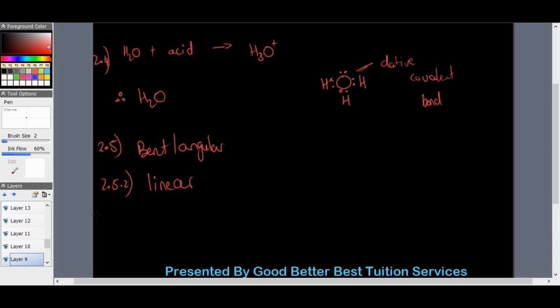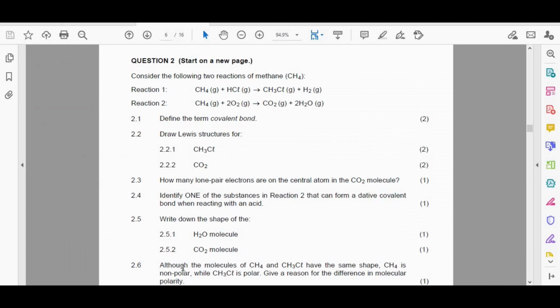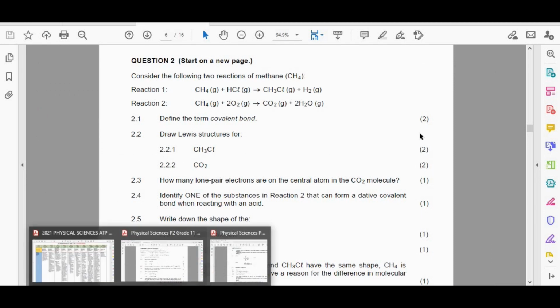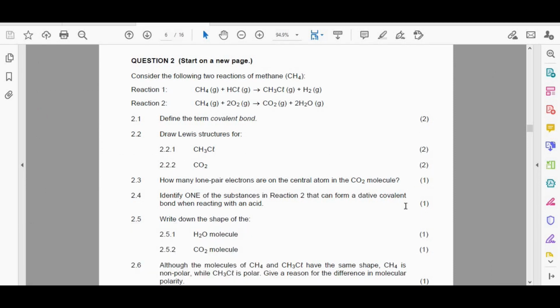Last question. Let's have a look at 2.6. It says, although the molecules of CH4 and CH3Cl have the same shape, CH4 is nonpolar while CH3Cl is polar. Just give a reason for the molecular polarity.